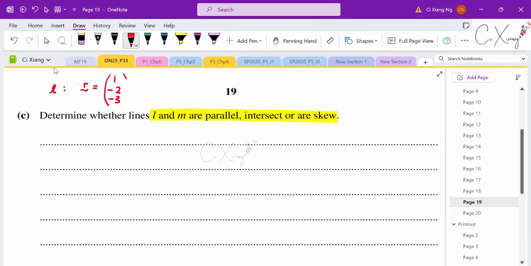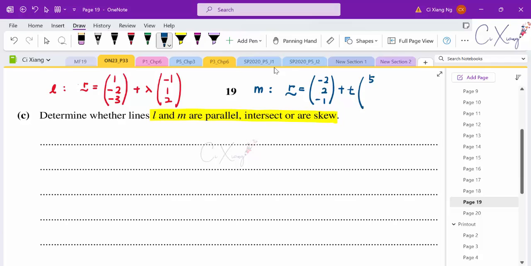The vector equation for the line L looks something like this: 1, negative 2, negative 3, then plus lambda, negative 1, 1, and also 2. This is line L. And then for the line M, the vector equation looks something like this: negative 2, 2, and negative 1, then plus t, 5, negative 3, and also 2.